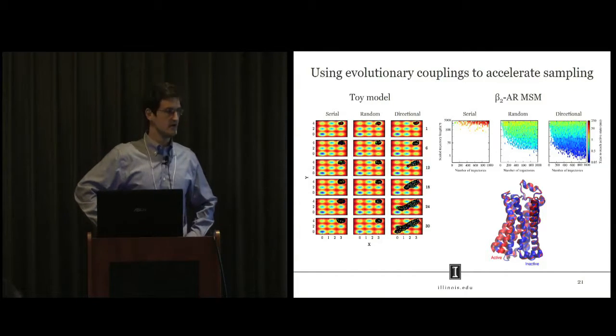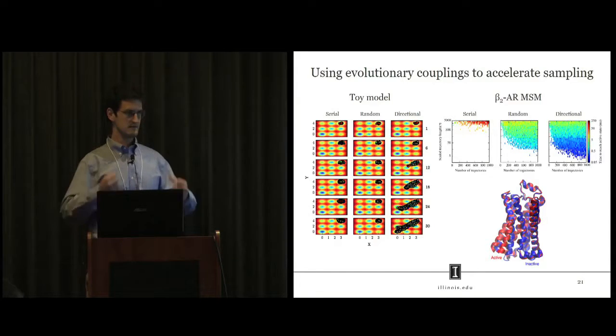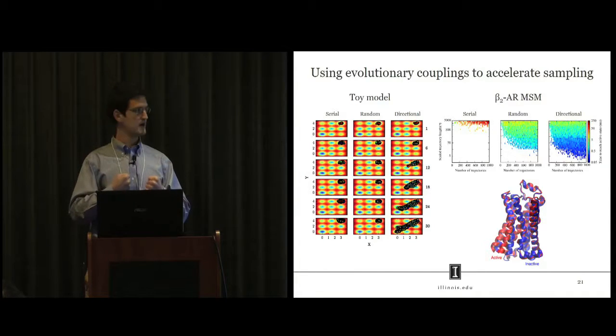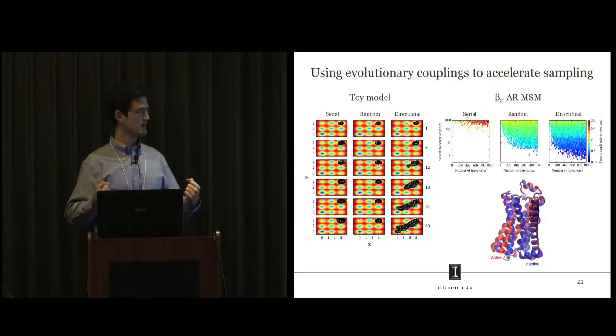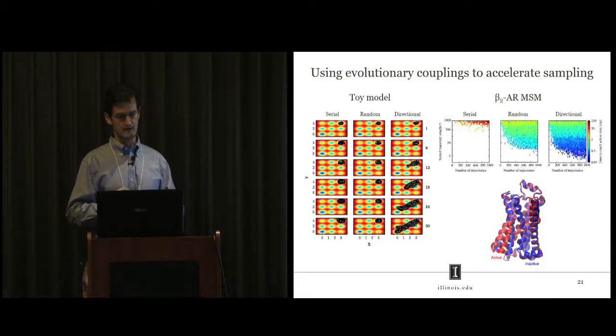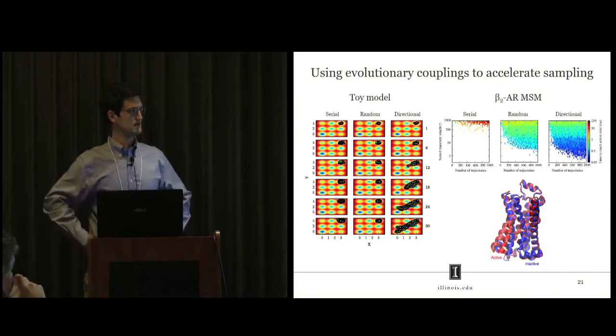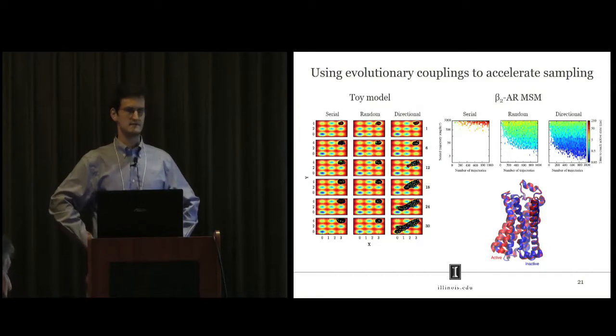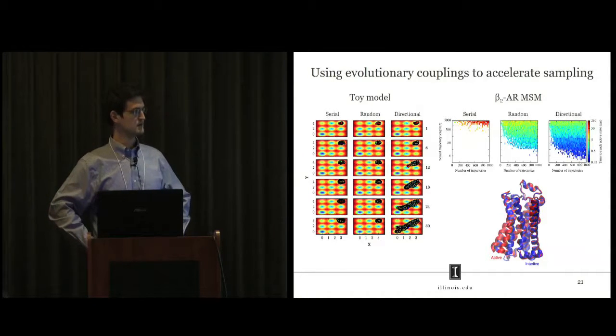So the idea for our method is then to vary. So if these contacts need to be formed for an active protein, our idea was just to see if varying the distance between these coupled residues should then take us from active to inactive proteins.